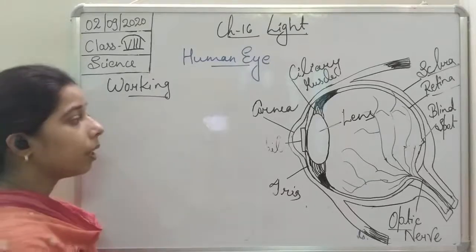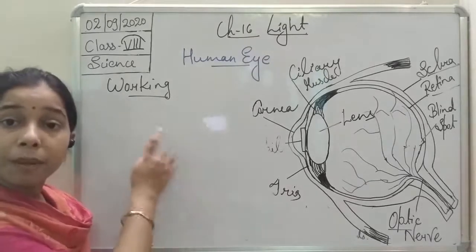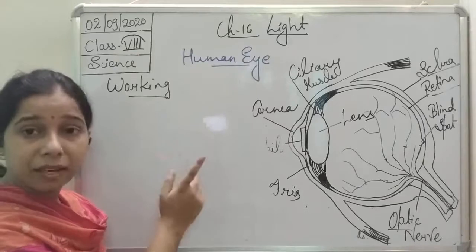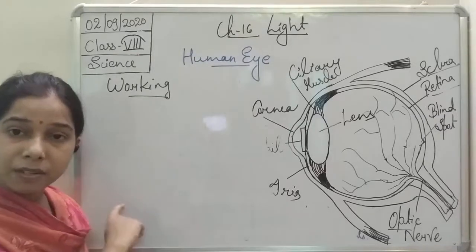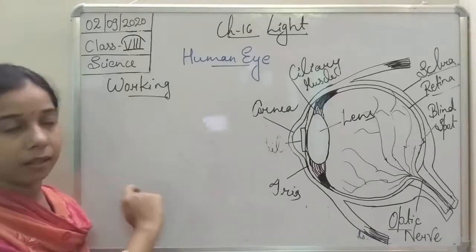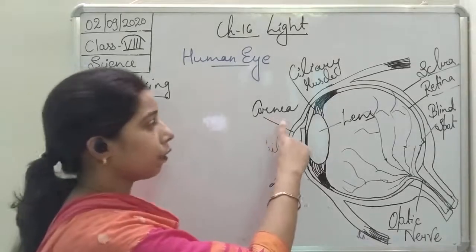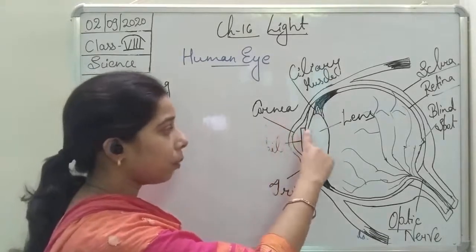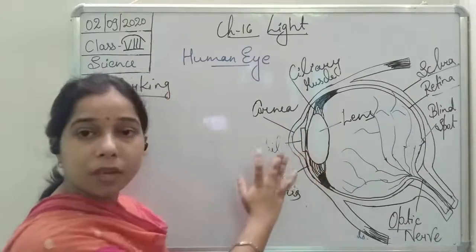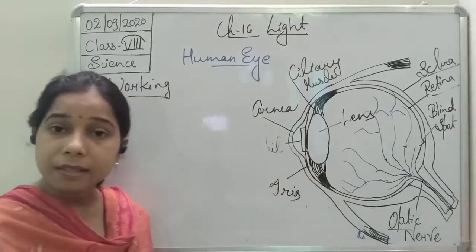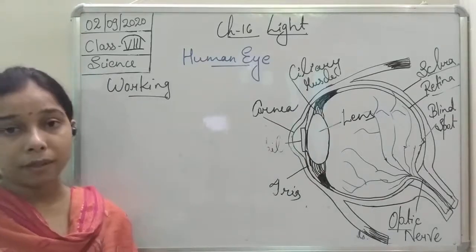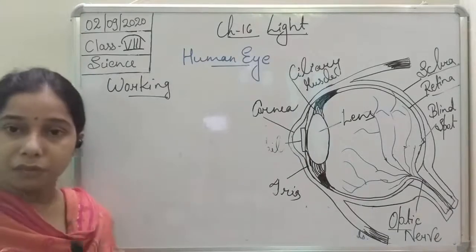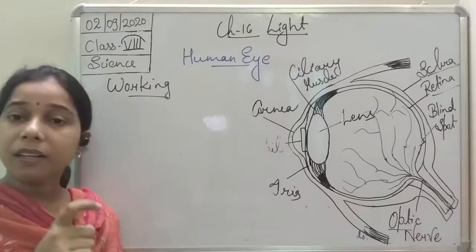So when light rays from any object get reflected and enter into our eye, they pass from the sclera to the cornea, pupil, iris, and finally go through the lens.